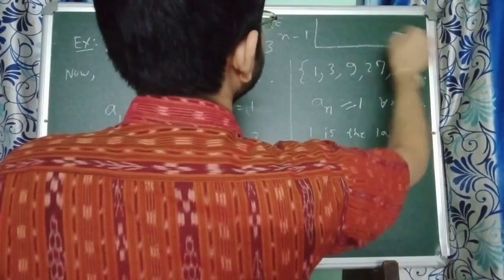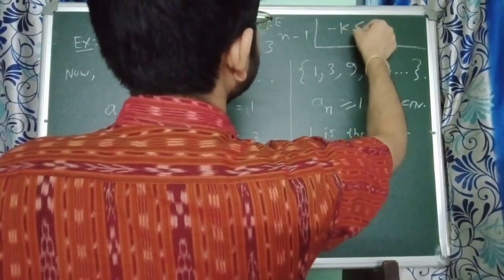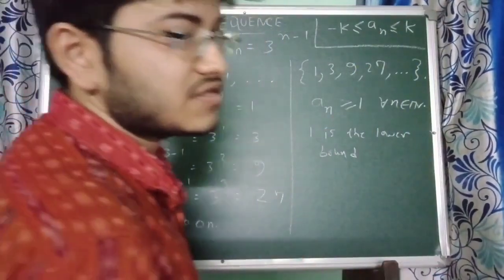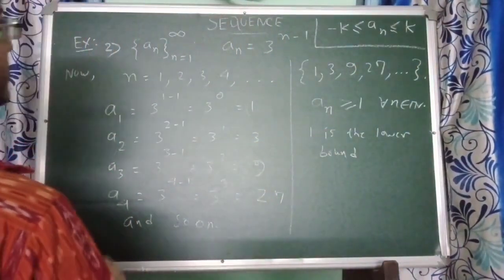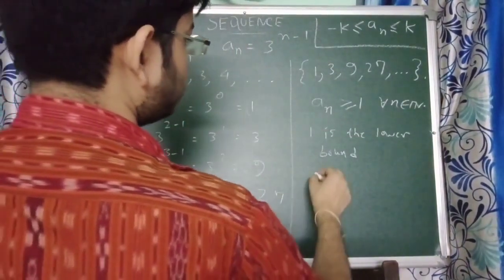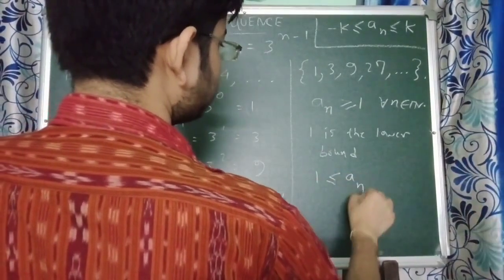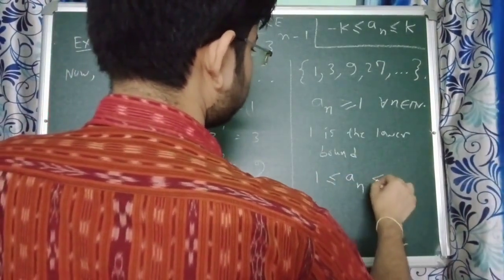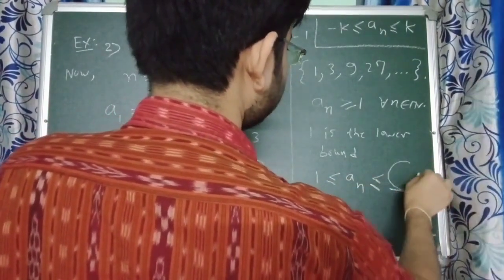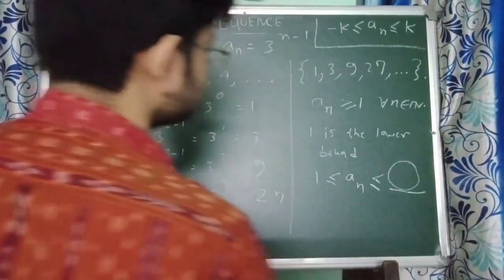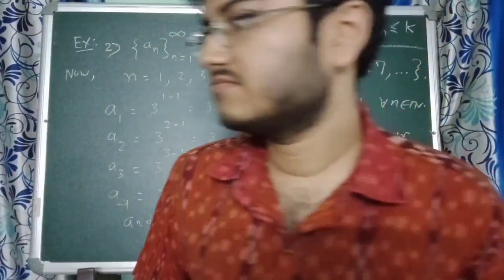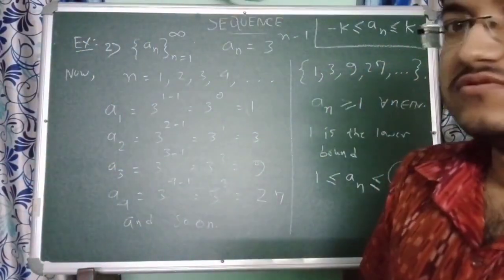If we find a constant k for which this kind of inequality is satisfied, then we say that the sequence is bounded. Here 1 is less than or equal to a_n. Now if we get this kind of upper bound, then we say that the sequence is bounded, otherwise not. So we find the upper bound.